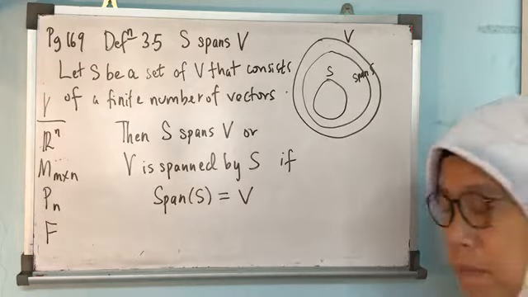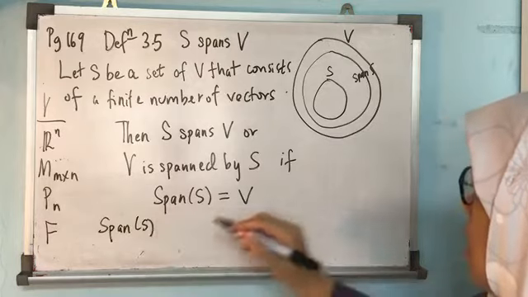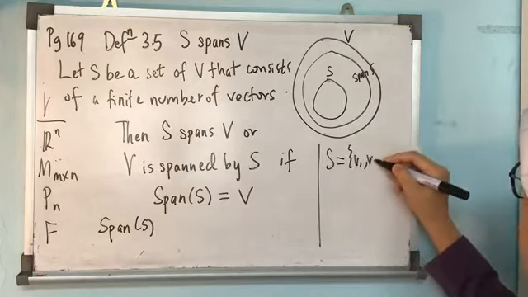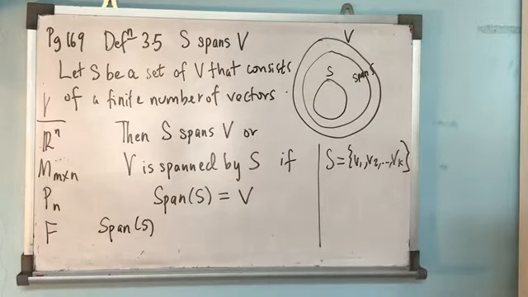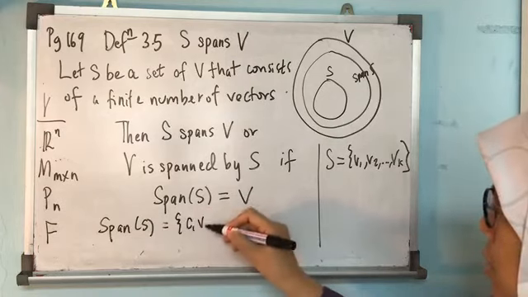You remember span of S, if S is V1, V2 until Vk, span of S is just the linear combination.